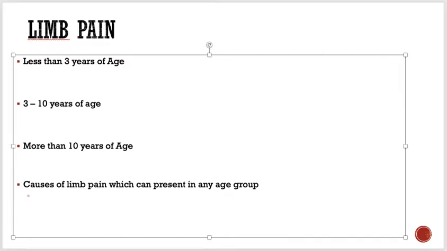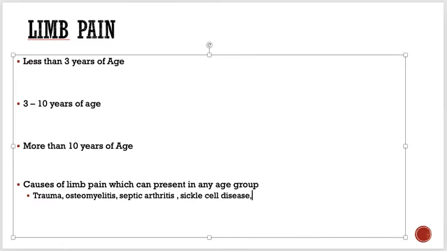For example, trauma. Trauma can occur in any age group, and it can give limb pain in any age group. For example, infections like osteomyelitis, right? For example, septic arthritis, or other conditions which can present in any age group, like sickle cell disease.